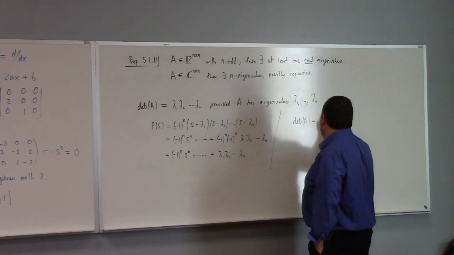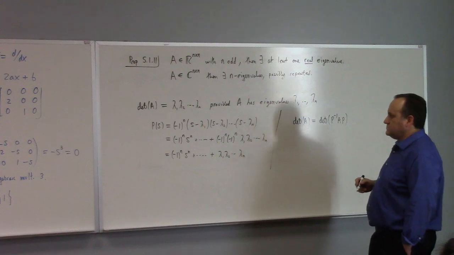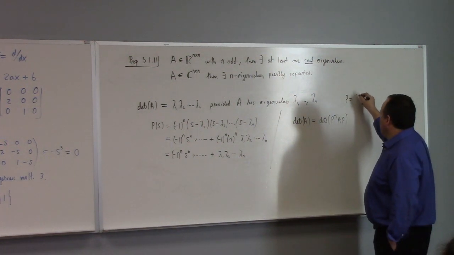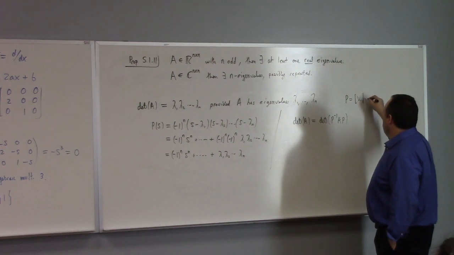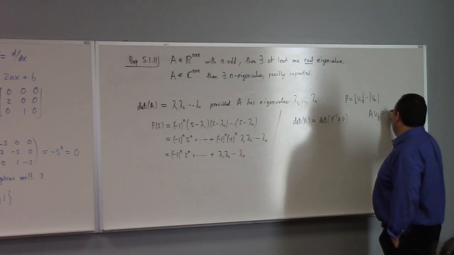Remember, it's the determinant of P inverse AP, where we can make P equal to V1 through Vn, where A Vj is equal to lambda j Vj, right?